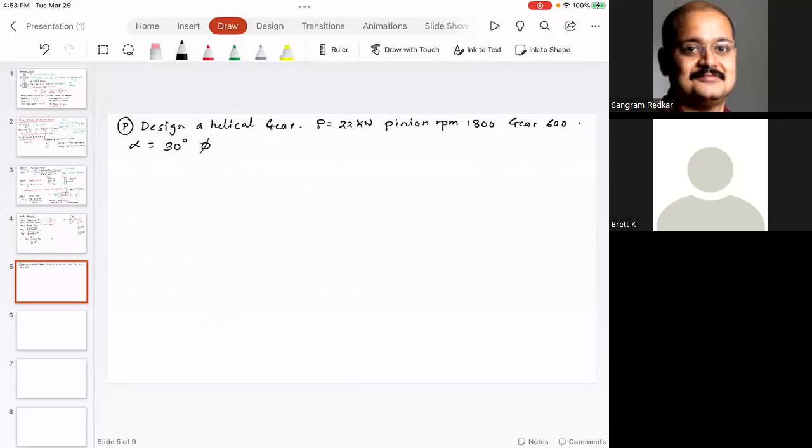Pressure angle phi is 20 degrees. Full depth. Number of teeth on pinion, so TP is equal to 24. Both gear and pinion made of steel.